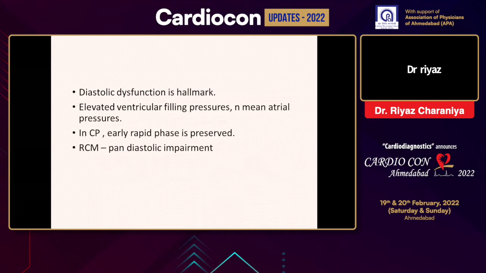Diastolic dysfunction is the hallmark of both, with elevated ventricular filling pressures and mean elevated atrial pressures found in both of them. In constrictive pericarditis, the early rapid phase is preserved because the pericardial constraint starts just after the early rapid filling has started. And in restrictive cardiomyopathy, there is a pan-diastolic impairment.